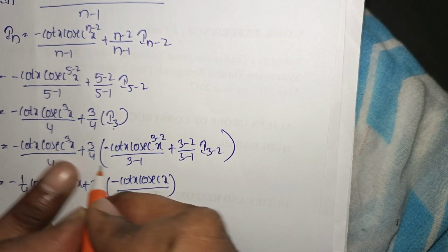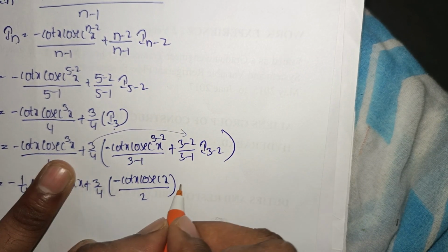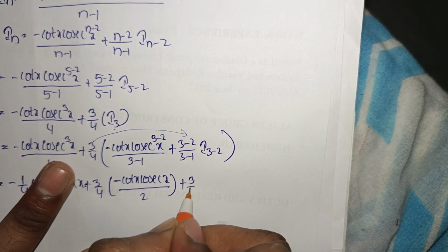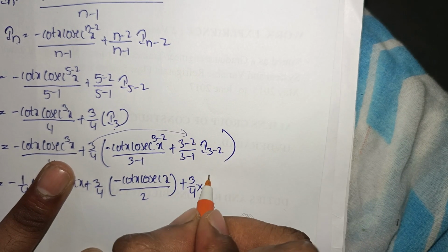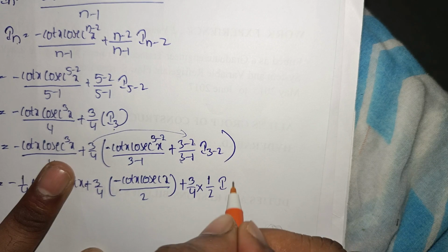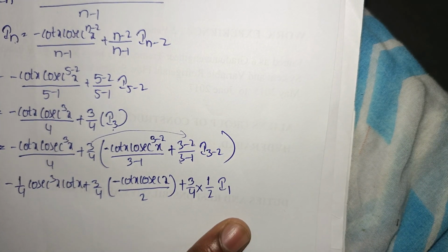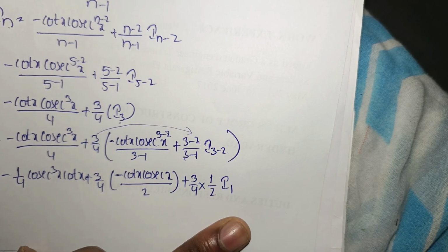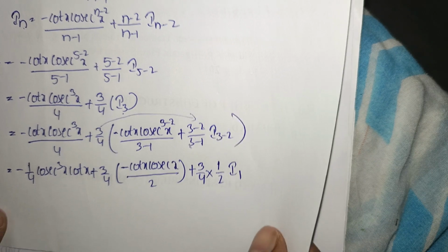Again multiply this 3 by 4 with this: plus 3 by 4 into (3 minus 2) 1 by (3 minus 1) 2 into I_3 is nothing but I_1.